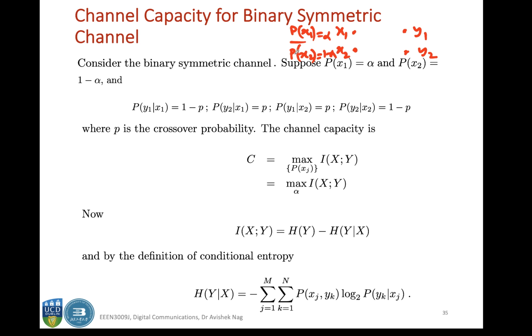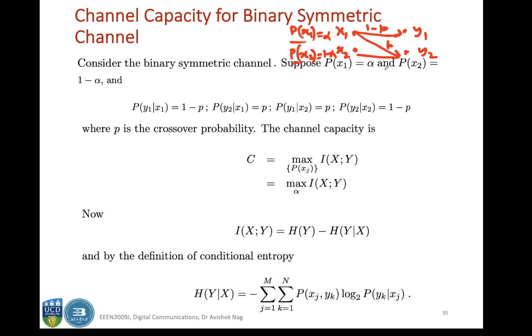These are the input probabilities that we were talking about in the previous slide. Let's say the channel transition probabilities are given as follows: the probability that you will get y2 given you transmitted x1 is p, and then this is 1 minus p.